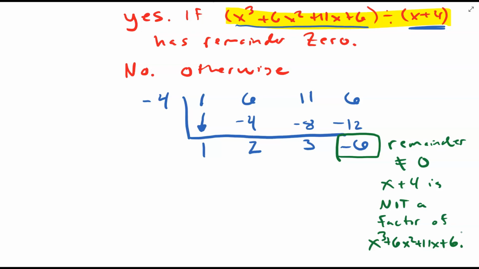Everybody okay there? Now, we already kind of knew that because of the way we created this polynomial, right? We know this polynomial's factors are x plus 1, x plus 2, and x plus 3, because that's the 3 that we multiplied together to create it, right? Because we wanted to start with something that we knew was going to be factorable to kind of explore what's going on here.